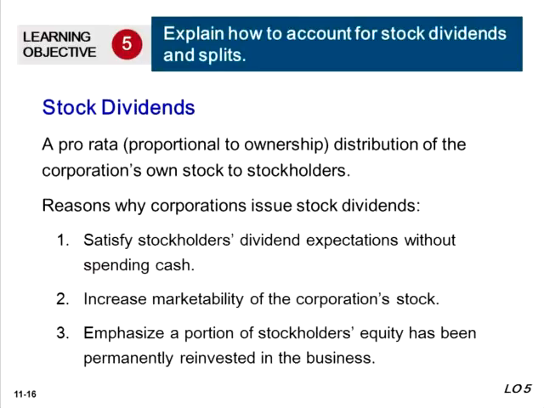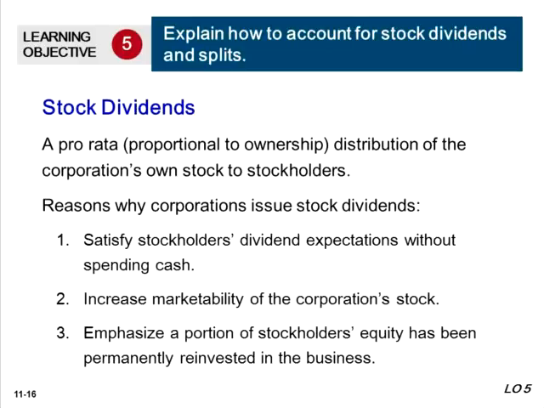Alright, so we've talked about cash dividends. Now we're going to look at stock dividends. And of course, as you might have figured out, a stock dividend is a distribution in terms of shares of the company's stock. So why would a company do that? Well, first thing is they may not have enough cash to pay dividends.